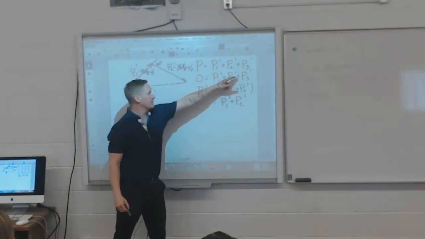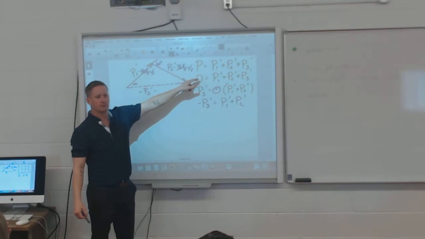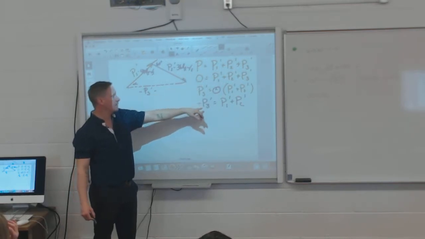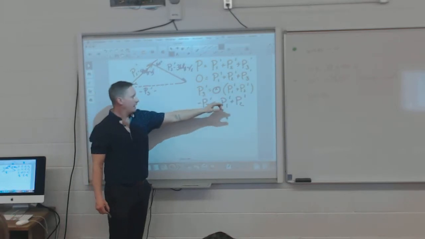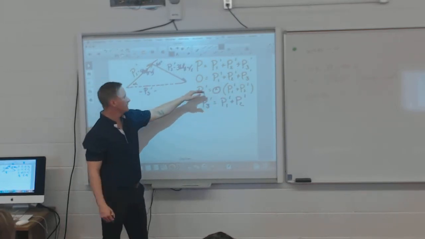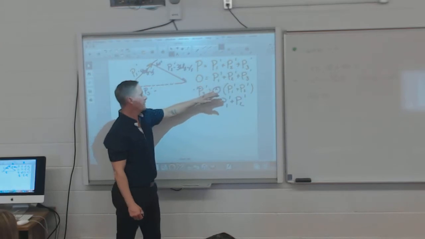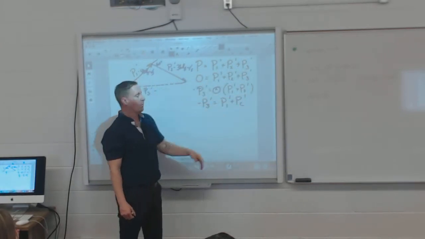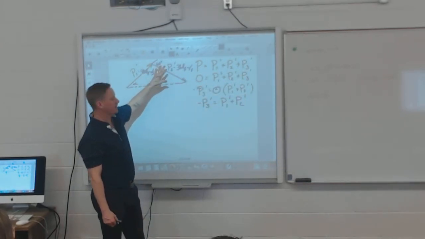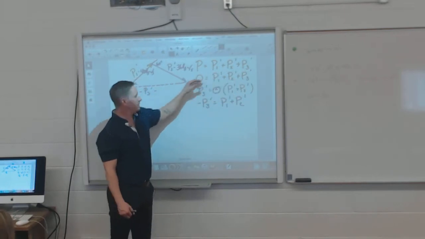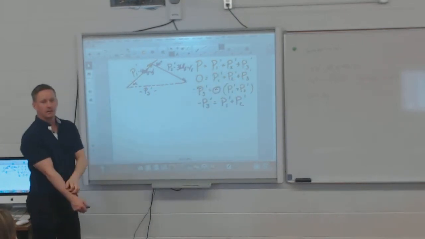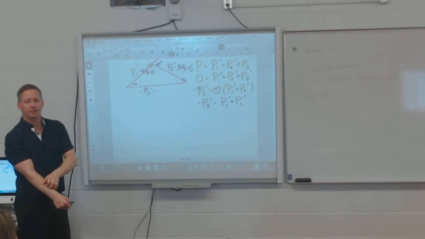So what I did is I actually moved this to that side. That's how I get negative P3 prime over here. When I'm doing my components, I write it like this, or as negative negative. When they give you the angle in between, I move my P3 prime over to get to here, and then I'll switch my angle after the fact.